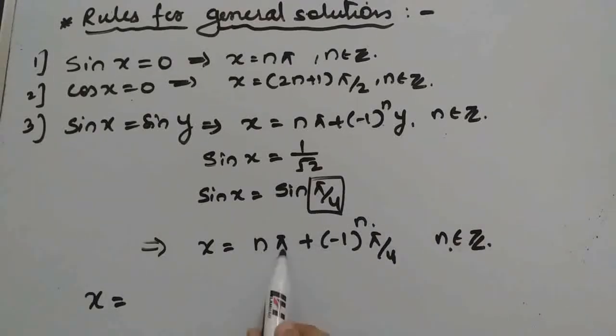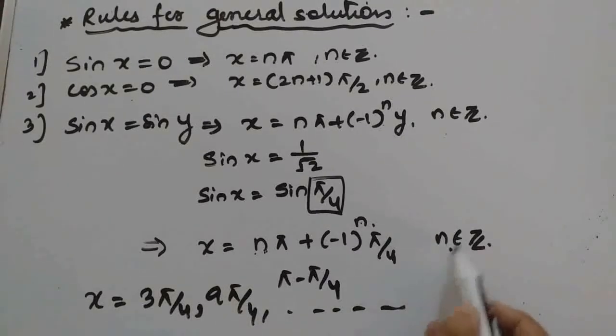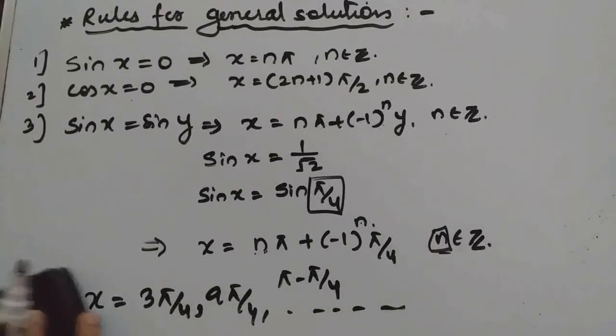Suppose n equal to 1. So pi minus pi by 4, isn't it? So 3 pi by 4, the first solution. Then substitute 2: 2 pi plus pi by 4 means 9 pi by 4. Like that it will come for each value of n. So it will be infinite, since n is infinite in number. So general solutions are also infinite.